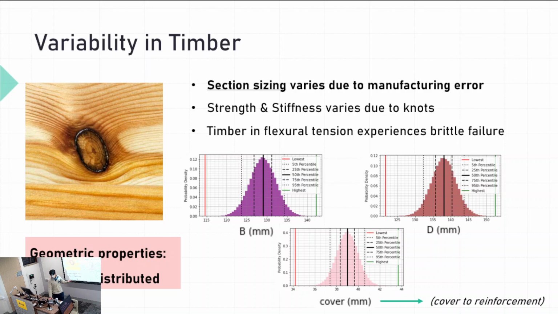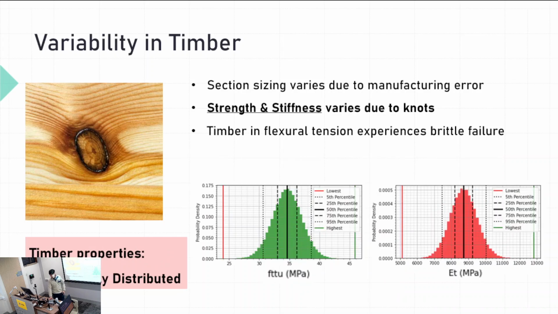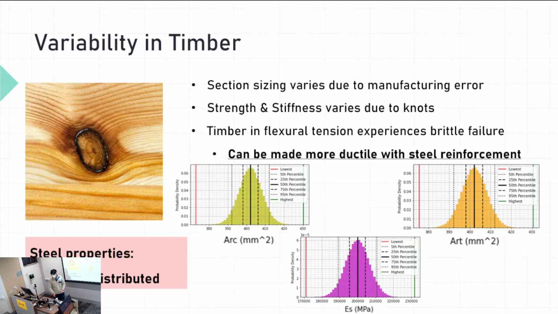Here I've shown the section sizing variations, and here the variations in strength due to the knots and so on. And then the steel is added as a reinforcement material, which has its own randomly generated material and area properties. This creates a more ductile section overall.